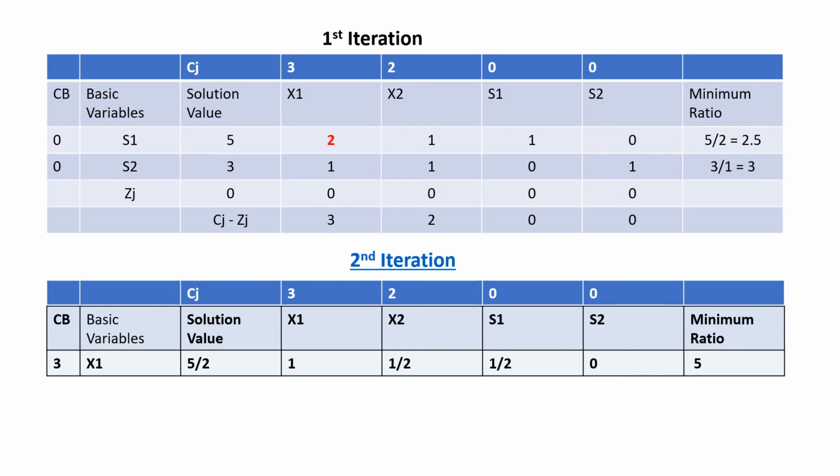In order to get the elements of the S2 row, what I have to do is first write the elements of the S2 row from the previous table, that is 3, 1, 1, 0, 1. Now, in the key element column corresponding to the S2 row, I have to identify what element is lying, that is the multiplier for the S2 row. So in the key element column, as you can see, corresponding to the S2 row, 1 is there.